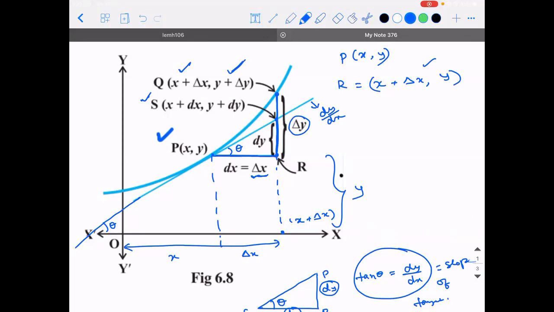Any doubt till this step? Clear? No doubts. So what are the coordinates of point S? X plus dx comma y plus dy. Similarly, the coordinates of point Q will be x plus delta x comma y plus delta y. Okay, please make a note of all these points.